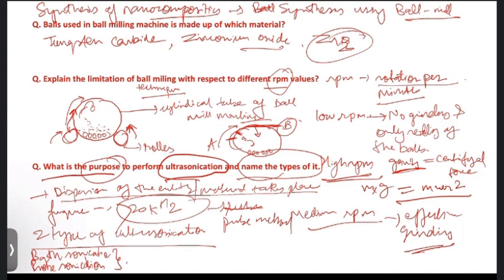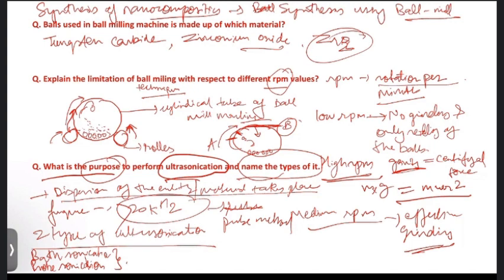Do you know what is ultrasonication? By sending ultrasonic waves. Yes. What is the purpose of ultrasonication? To disperse various substances above the frequency of 20 kilohertz. That is the aspect of the ultrasonication.